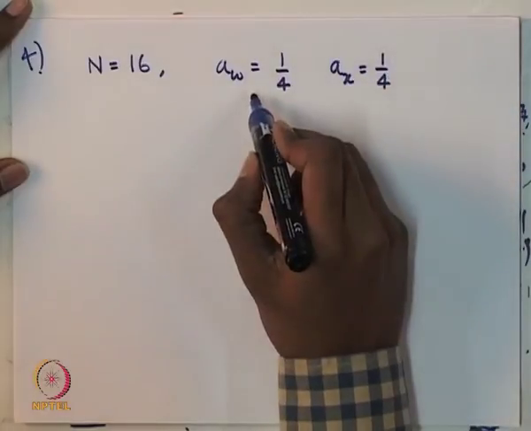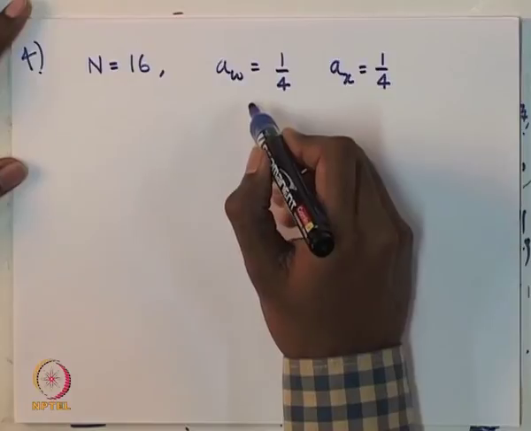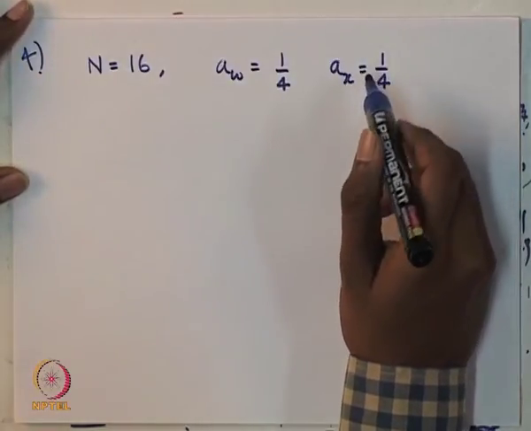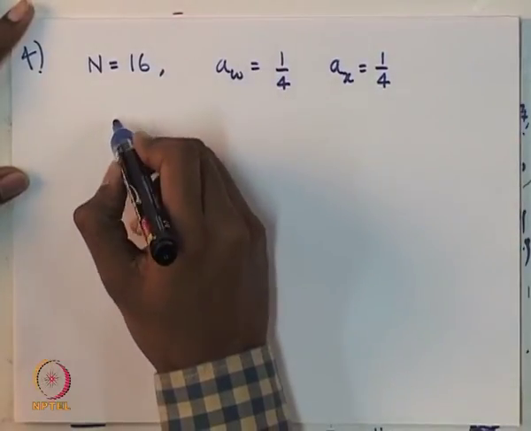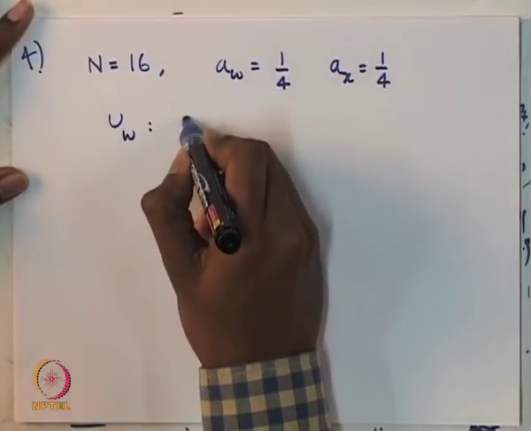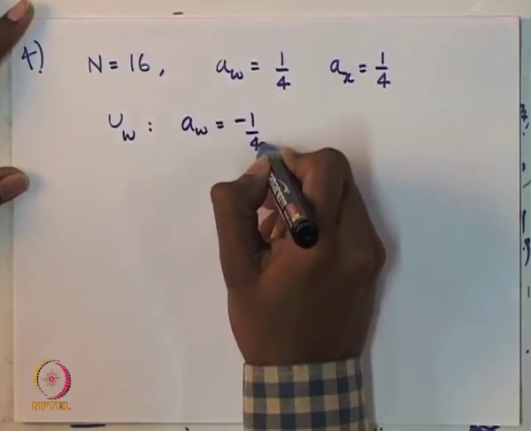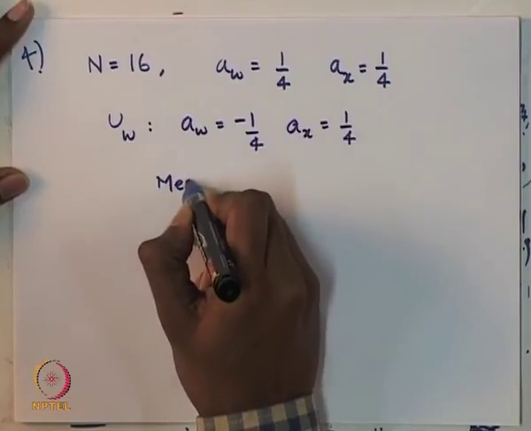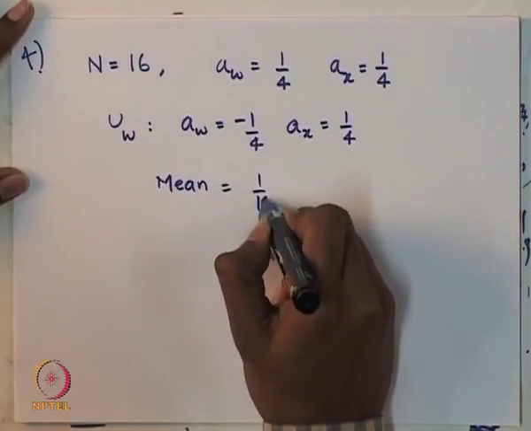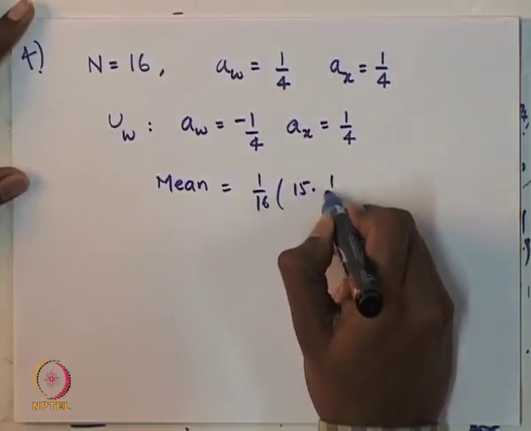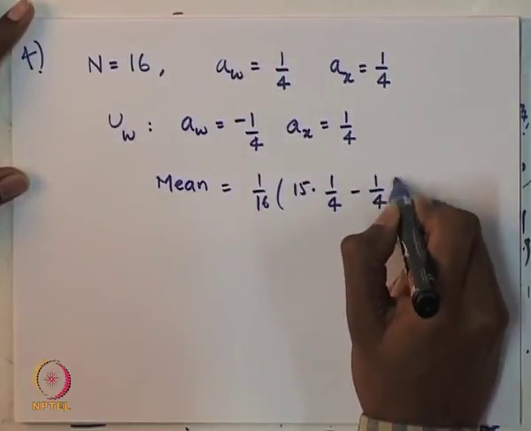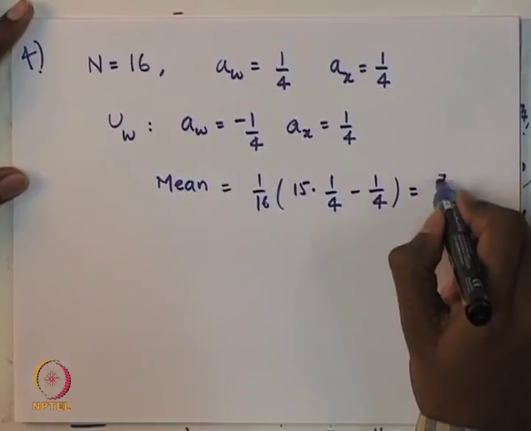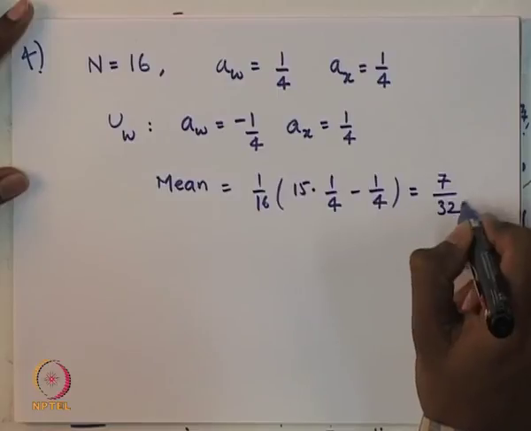So the amplitude of the marked state is 1 by 4, and all other states also have amplitude 1 by 4. So after applying UW, AW is minus 1 by 4 and AX is 1 by 4. So the mean is 1 by 16 times 15 times 1 by 4, and we have minus 1 by 4, which gives 7 divided by 32.